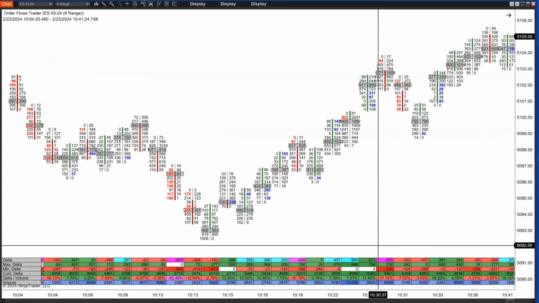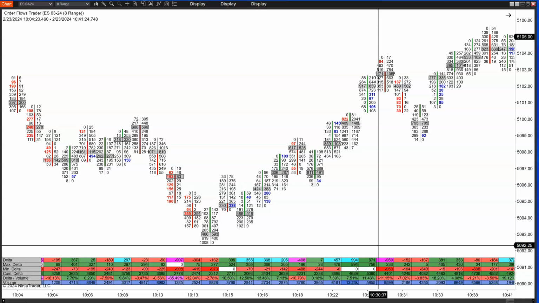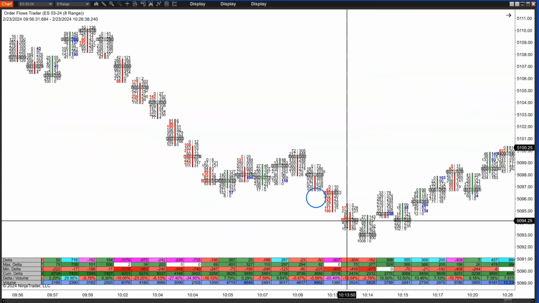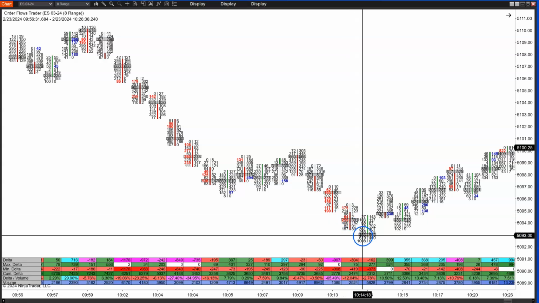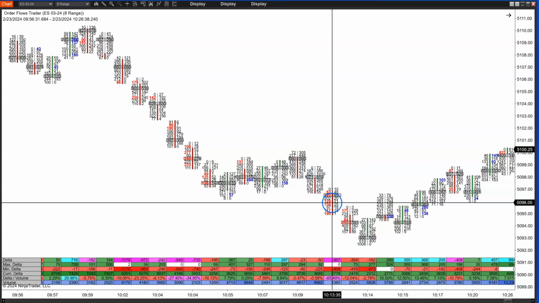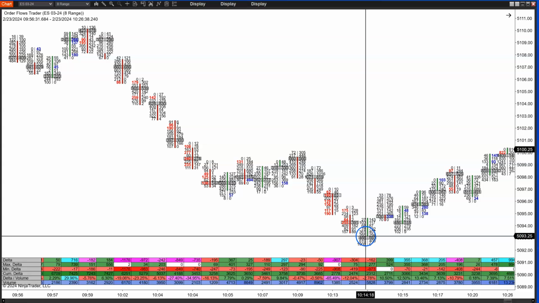And again, stopping volume is not something you see happen left and right in the market, right? It's understanding it's above average volume going through at the end of the move, right? Because normally what happens is you get to ends of moves and volume just sort of peters out. But there was still some strong selling. You can see we're coming into this low, and we're coming in pretty hot.